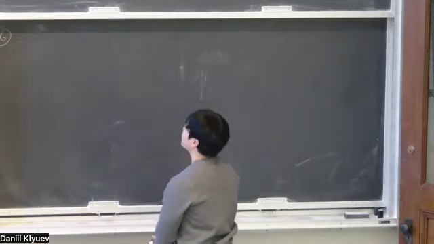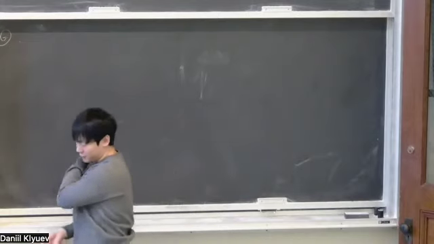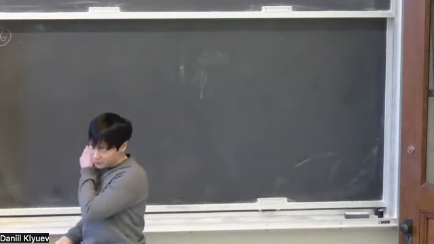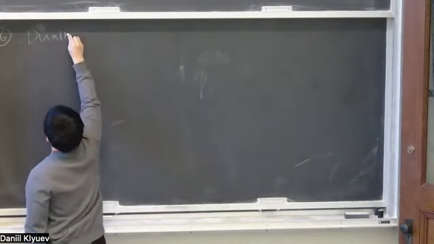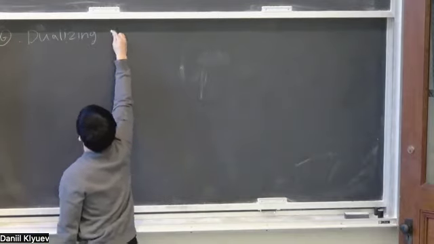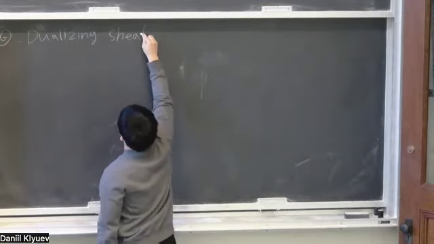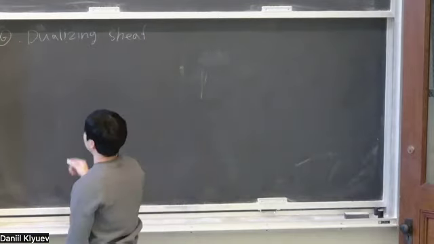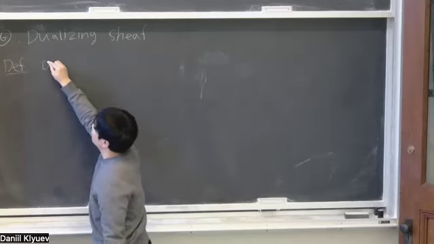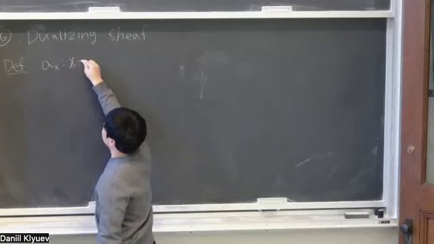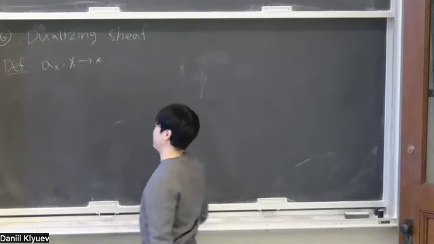So there's a special complex of sheaves called the dualizing sheaf for each space. For each space X, we define a_X to be the trivial constant map from X to the point.